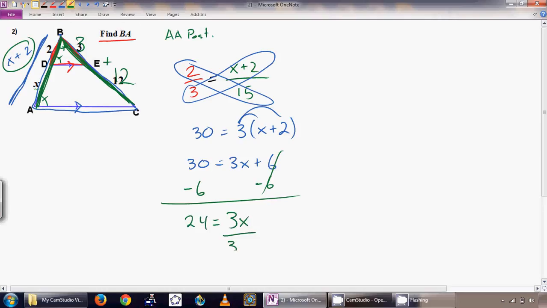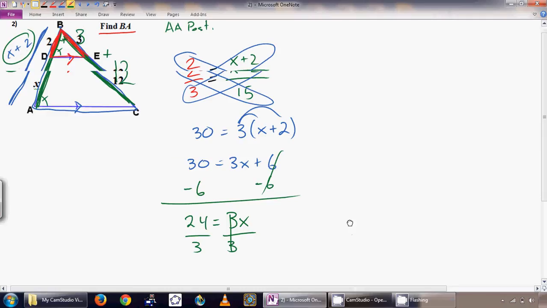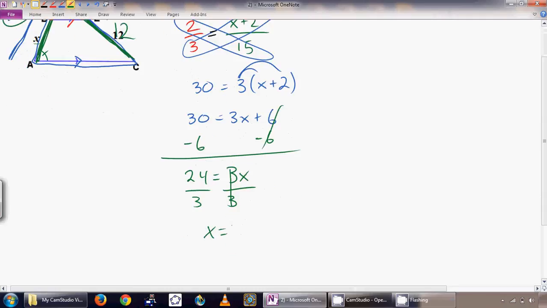I'm going to divide both sides by 3. And x is going to equal 8. Yeah, x equals 8.